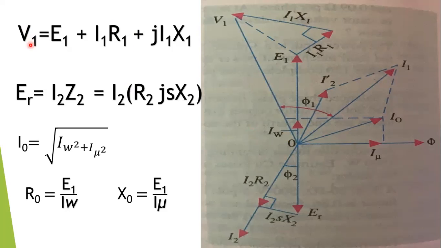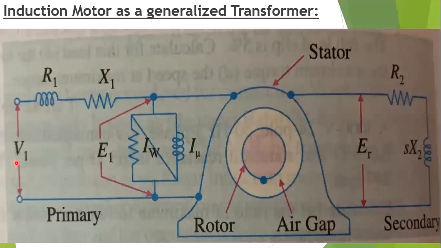See here, primary side source voltage: if you apply KVL in the transformer, in this first loop in the primary, the source voltage is V1. From V1 only you are getting all these parameters, right?